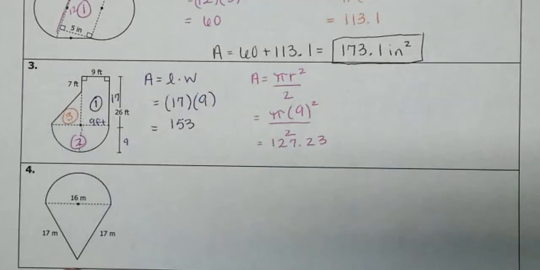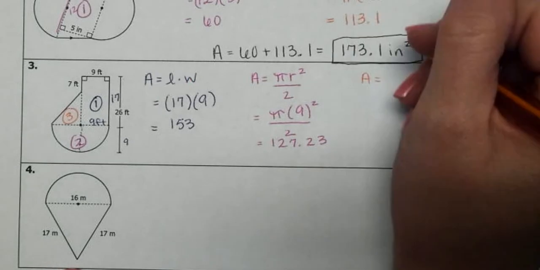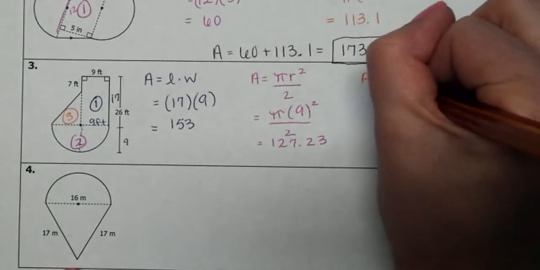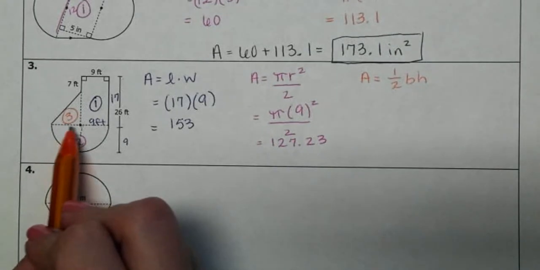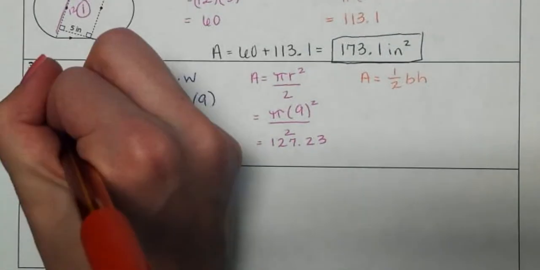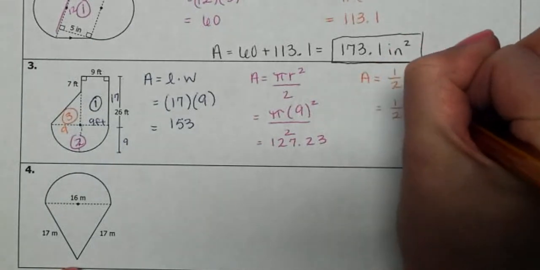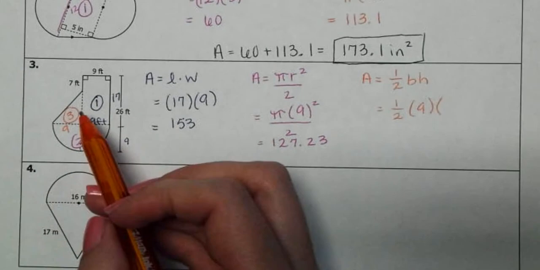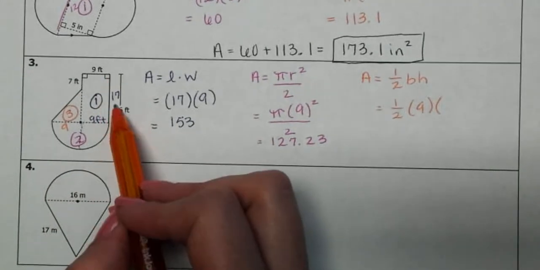Okay. And my third area is going to be 1/2 base times height. Now I know my base is the radius of that circle, so it is going to be 9. And I could find my height. I know that this whole height here on the rectangle is 17, and this piece is 7.